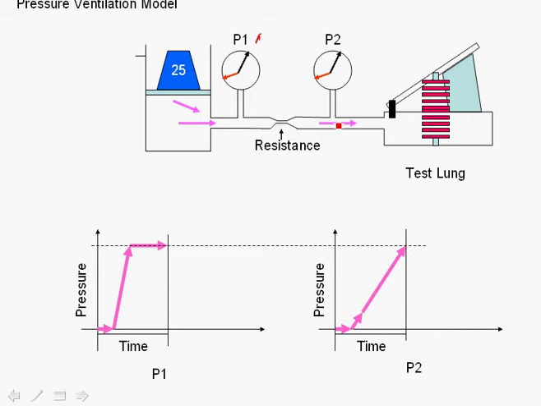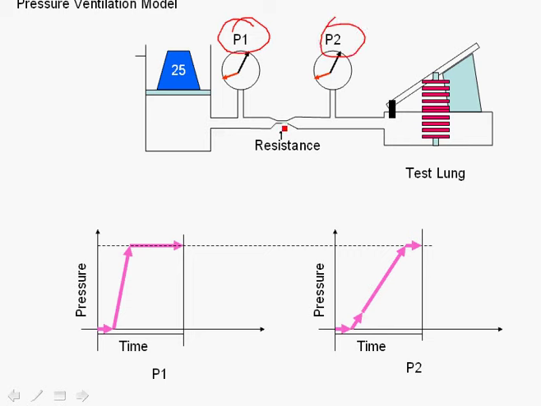We still have a little bit of flow. The flow is declining a little bit, because we've almost got equilibrium between the two. Once P1 equals P2, flow will stop. So right now, the pressures inside the mouth and the lung are the same, so there's no flow across the resistance. So the effects of resistance are 0.